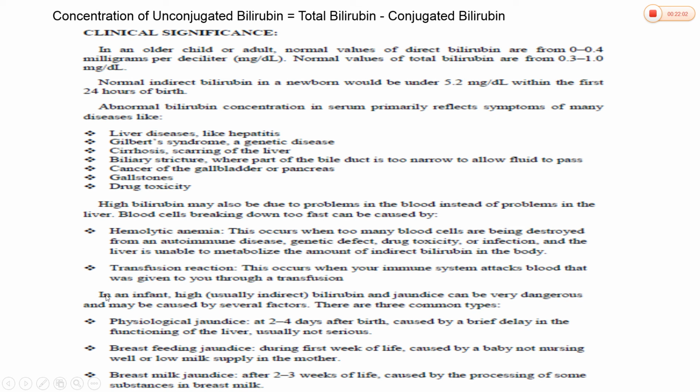So high bilirubin may also be due to problems in the blood instead of problems in the liver, where the blood cells start breaking down too fast. This can be caused by hemolytic anemia, which occurs when too many blood cells are being destroyed by an autoimmune disease or a genetic defect, or due to toxicity or infection reactions, or a transfusion reaction.